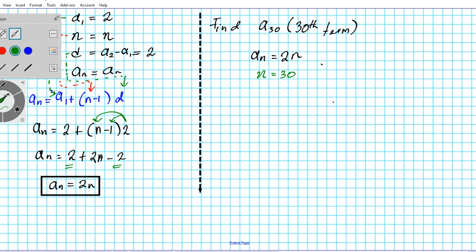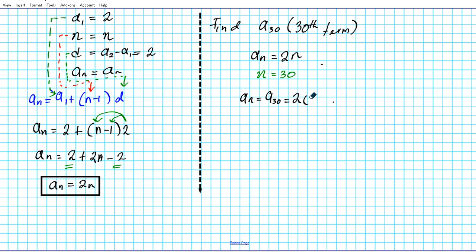So if n is 30, a sub 30, the 30th term, is going to be, instead of 2n, we plug in 30 for n. So it's going to be 2 times 30. And our answer, a30, is going to be 60. So 60 represents the 30th term.